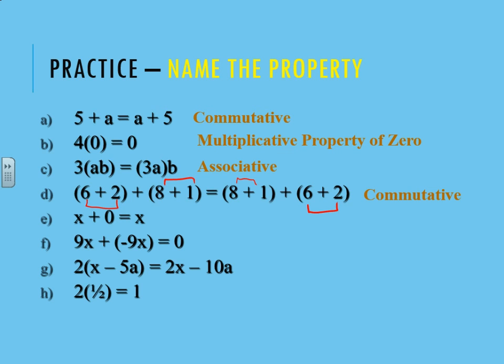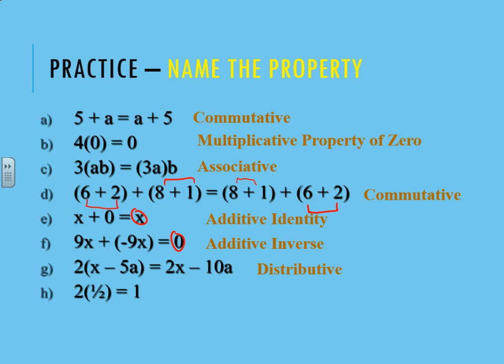E, we are adding 0 and not changing the identity. We're equal to x, so it's additive identity. F, we are adding and equaling 0, so it's additive inverse. We're adding inverse operations there. All right, G is distributive property. 2 times x minus 2 times 5a is 2x minus 10a.